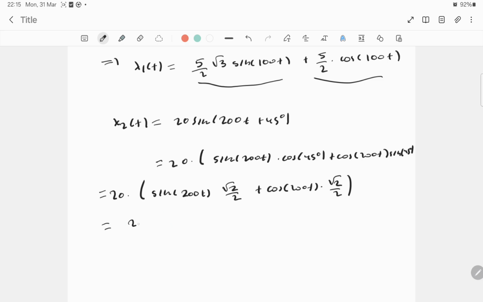So I have 20 times square root of 2 over 2 sine 200t plus 20 square root of 2 over 2 cos 200t.